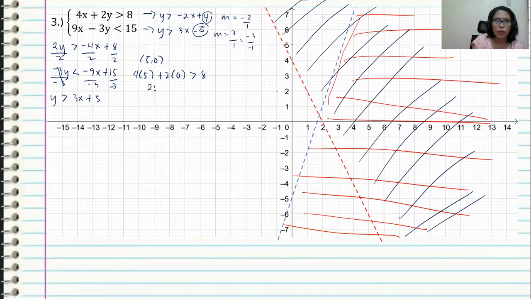So this is 20 is greater than 8, which is a true statement. On the other hand, we have 9 times 5 minus 3 times 0 is less than 15. So this is 45.